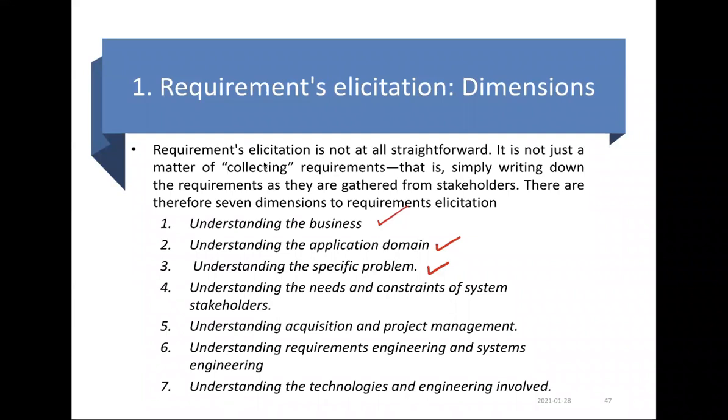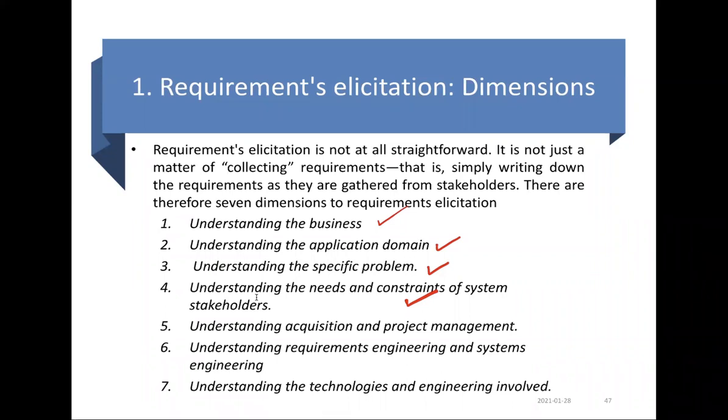Number four, understanding the needs and constraints of the system stakeholders. The specific needs and constraints of stakeholders must be understood by requirement engineers. There may be several different sets of criteria by which the final system is judged.